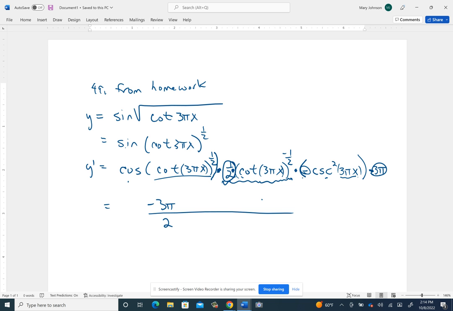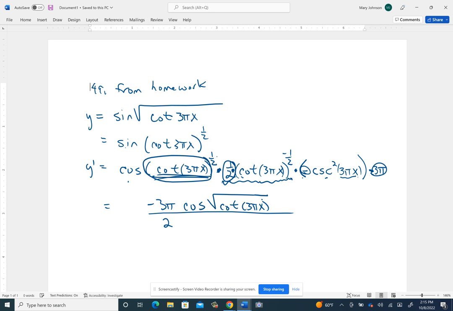Then I'm going to have cosine, and let's go ahead and put this back under the radical. That 1/2 power is really on all of this. So it's square root of cotangent 3 pi x.